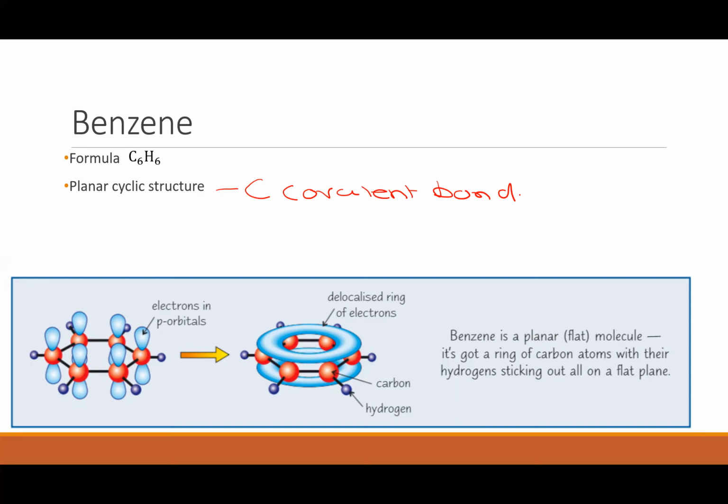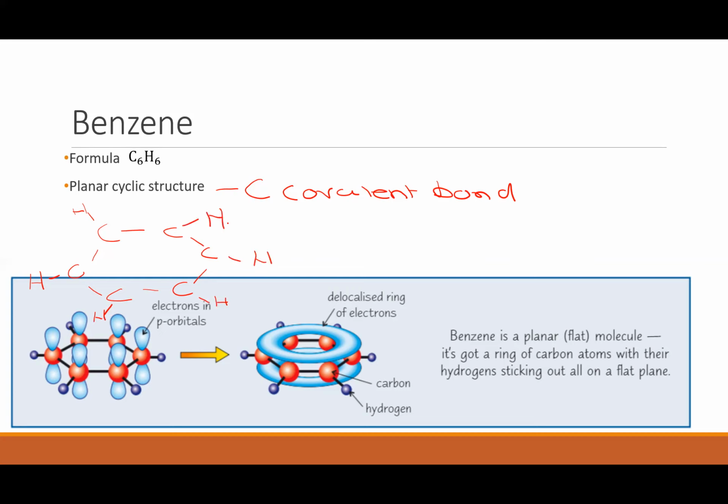But if I drew it here, what you've basically got is this sort of formation, that each carbon atom forms a single covalent bond to the carbons on either side of it and to one hydrogen atom. And then obviously each one has a hydrogen atom coming off of it.